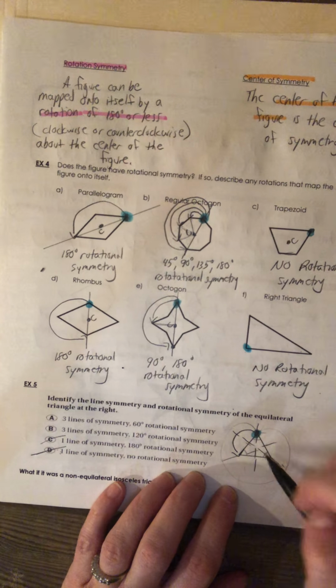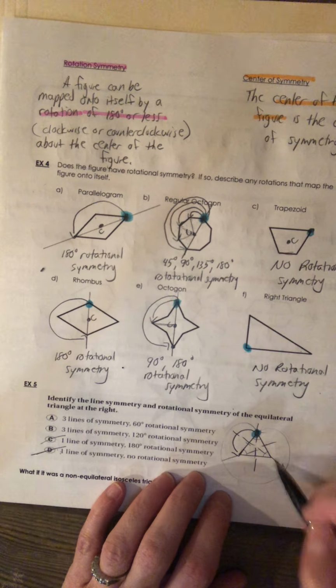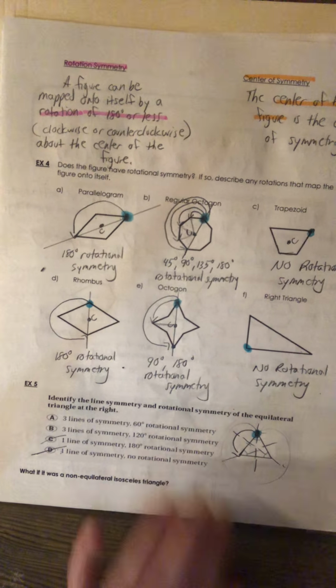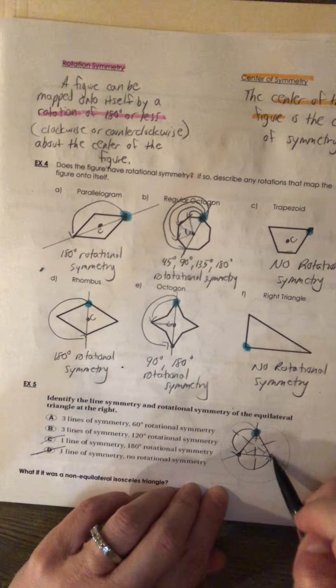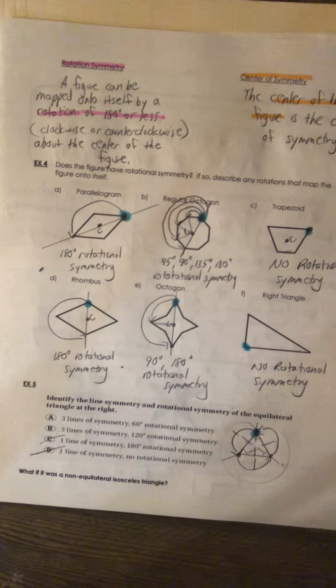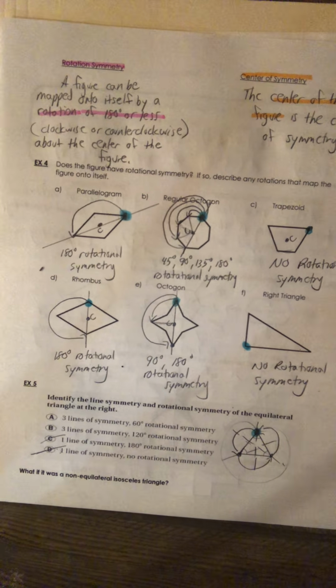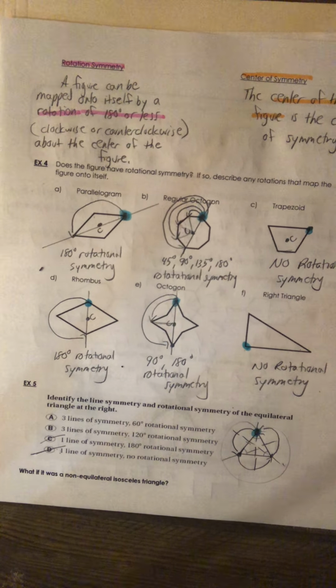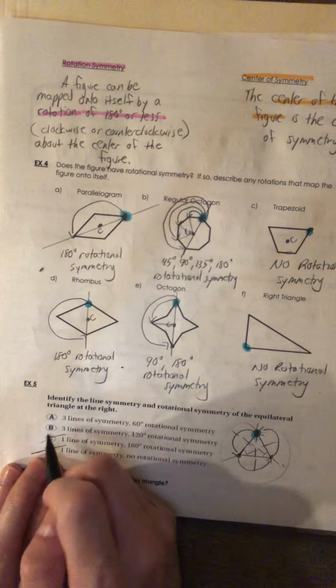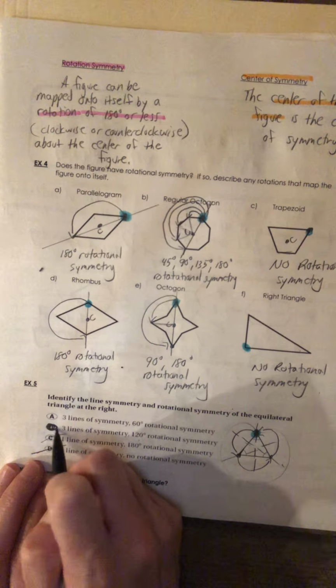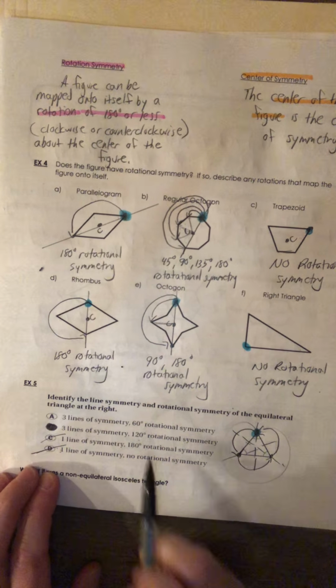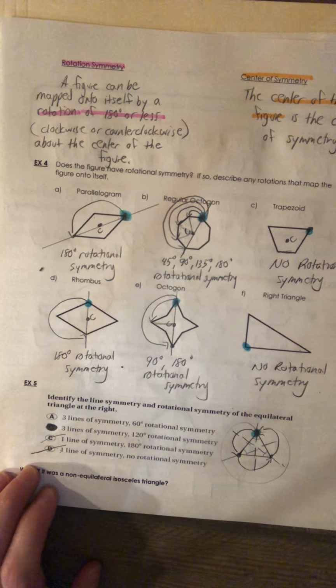Each one of these vertices is breaking that 360 degrees into 3 parts. So I can rotate from here to here, and from here to here, so I have 3 rotations that add up to 360. So I'd take 360 divided by 3, and that is where you're getting your 120. So you have 3 lines of symmetry and 120 degree rotational symmetry.